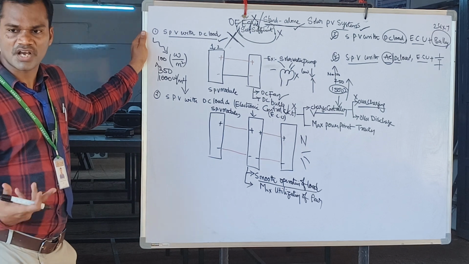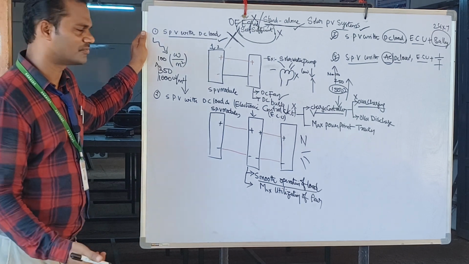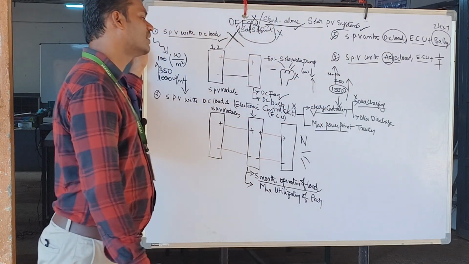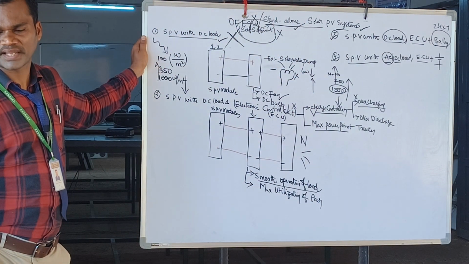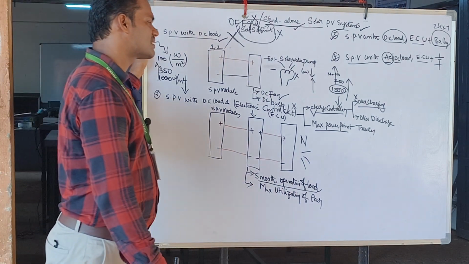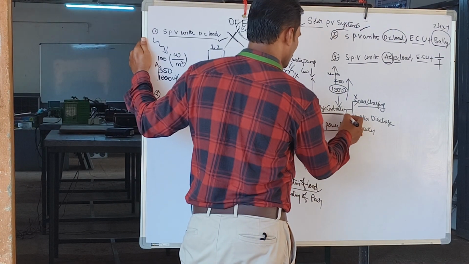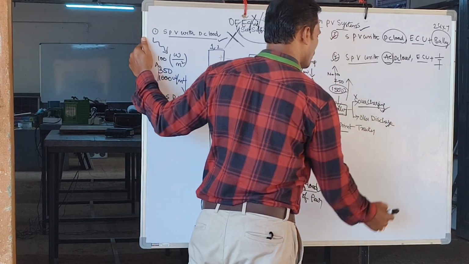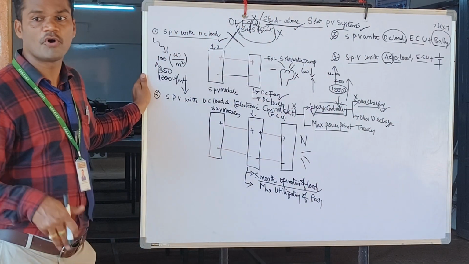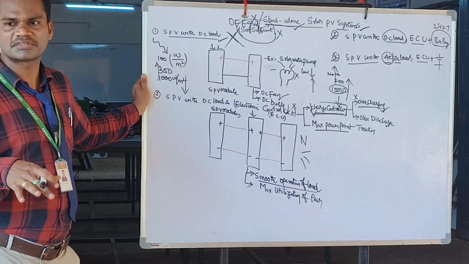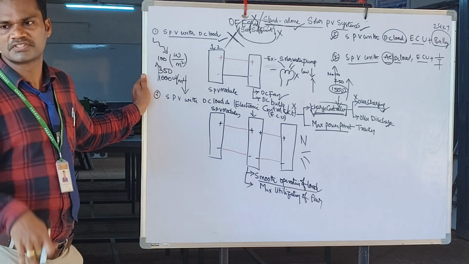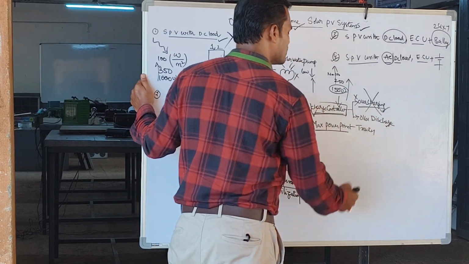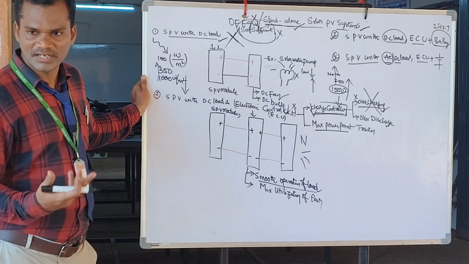One is the charge controller, which we already discussed, and it is also going to perform the next function with the help of hardware called maximum power point tracking hardware. Sir, what is this charge controller going to do? The charge controller protects the battery from overcharging.